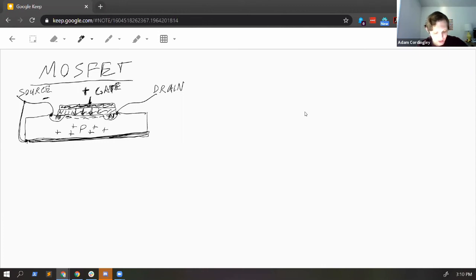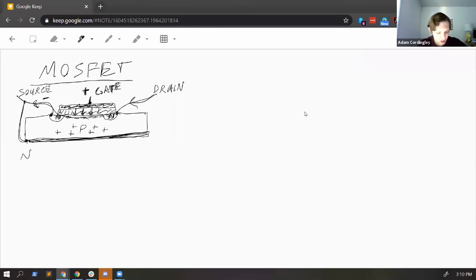Now we have a surplus of electrons in this P section because we applied an electric field here. This is going to become conductive because you have a surplus of electrons. And we can now pass current from drain to source. That's the magic of a MOSFET.